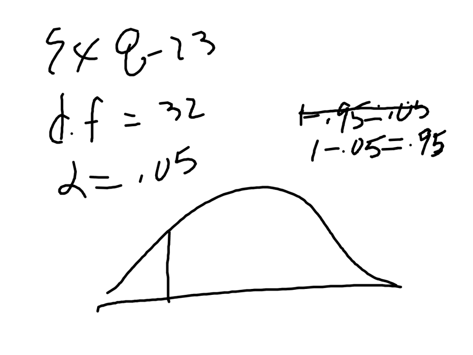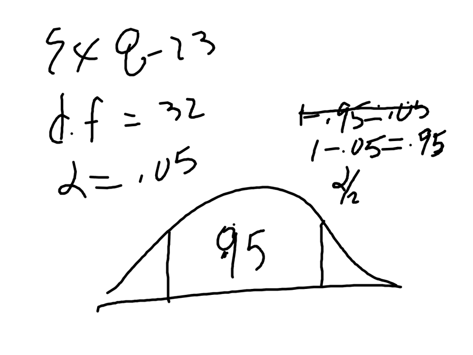And so what that means, and there's more than one way to explain this, is that we've got 95% in the non-critical region, or 0.95 in the non-critical, and then remember we had to take alpha and divide it by 2 for a two-tailed test.